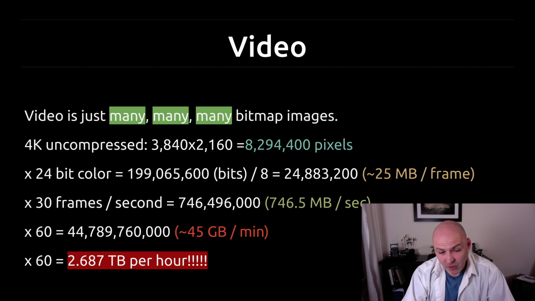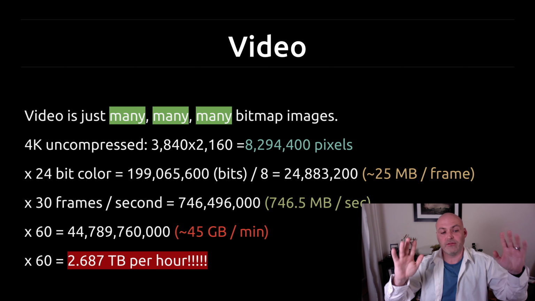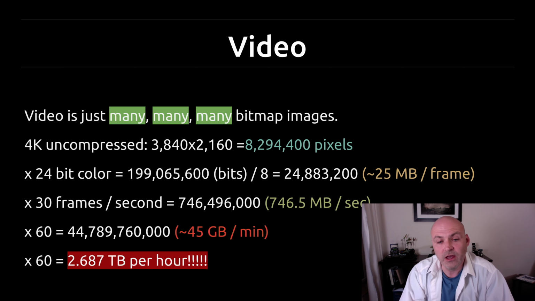And in the hour, if we were to watch 1 hour, that would be 2.687 terabytes, as close as whatever to 3 terabytes. So that is larger than most hard drives today.